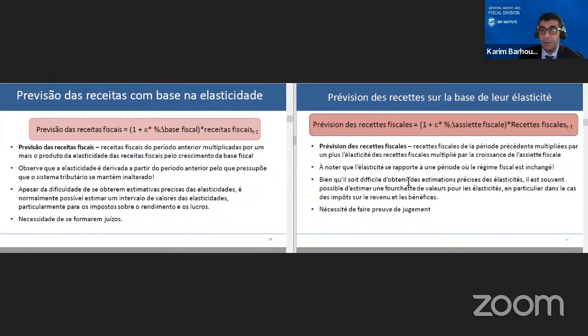Your tax revenue is equal to 1 plus the elasticity times the growth rate of the tax base. This part gives us the growth rate of your tax revenue. So we have 1 plus the growth rate of your tax revenue times the tax revenue of the last period, which gives us the forecast of the tax revenue at period T.